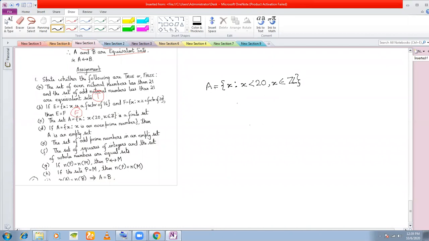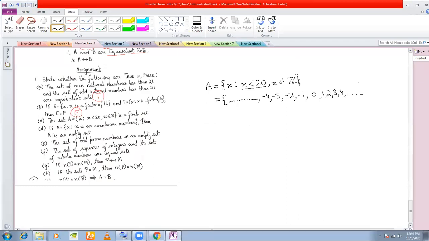And what is the additional condition in A? That x is less than 20. That means x is an integer that is less than 20. So if I want to write this set in tabular form, how will I write? I will first have the negative integers, then -4, -3, -2, -1, 0, 1, 2, 3, 4, and so on.